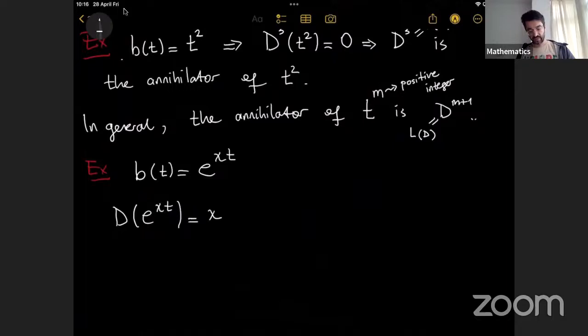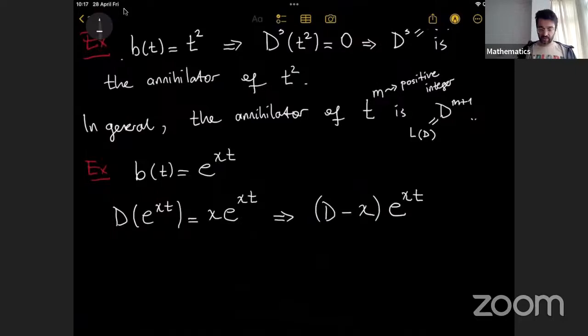Lambda times e to the lambda t. By differentiating, you don't get 0, but what you can do is apply D minus lambda to e to the lambda t.